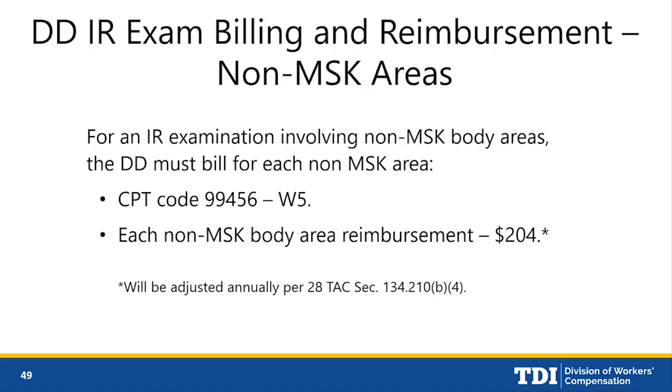And then there's no limit on the number of non-MSK body areas. However, you need to closely be following the AMA guidelines for the calculation of permanent impairment and those chapters that you're referring to for those non-MSK body areas.